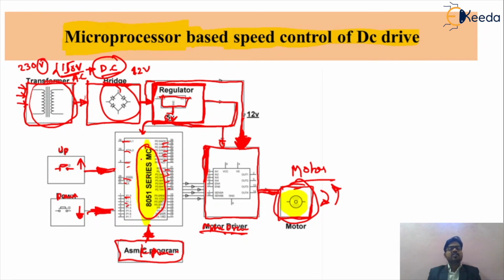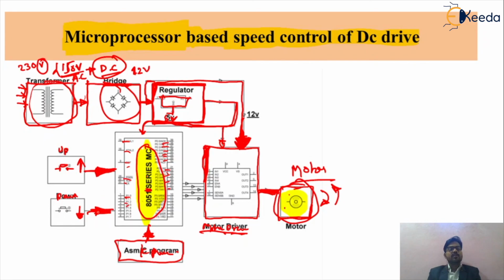What will be the function of your microprocessor? The microprocessor will compare the signals, because the motor driver circuit senses the speed and that is given to your microcontroller, which will compare the signal. According to the value of the comparing signal, the microprocessor will control whether the value of your speed is up or whether it is down.